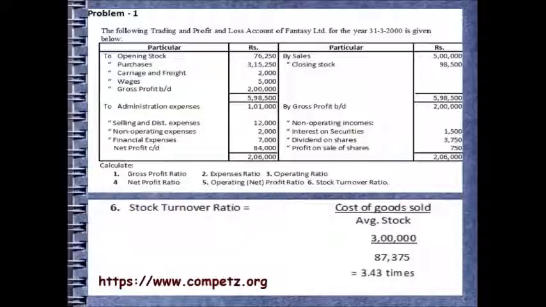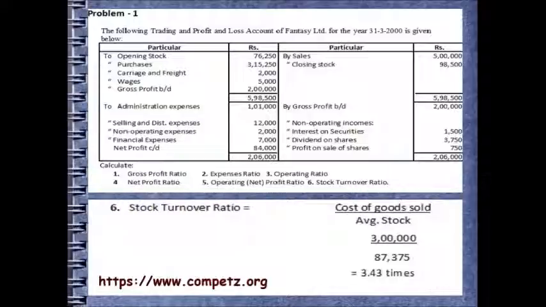We will get cost of goods sold as 3 lakhs, divided by average stock, that is opening stock 76,250 plus your closing stock 98,500 divided by 2, you will get 87,375. So we will write the amount 3 lakh in cost of goods sold in the numerator, divided by the denominator, 87,375.